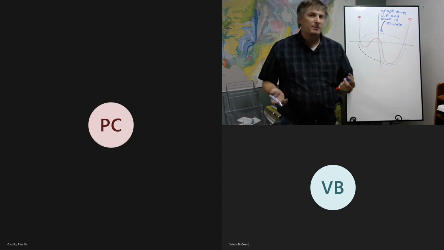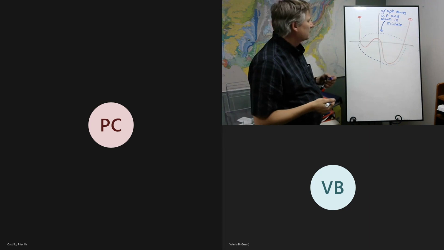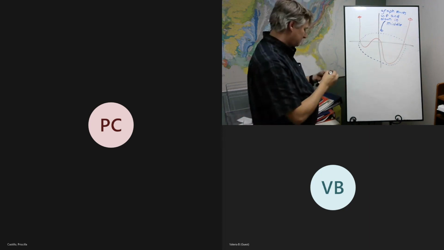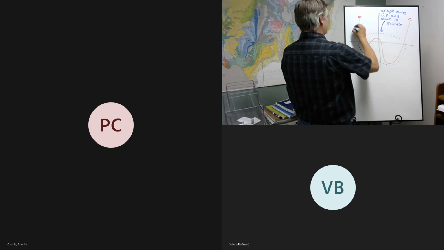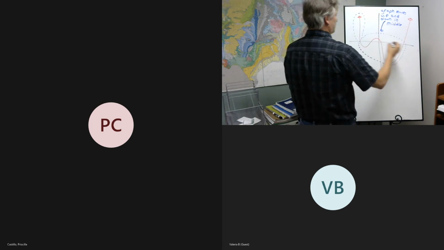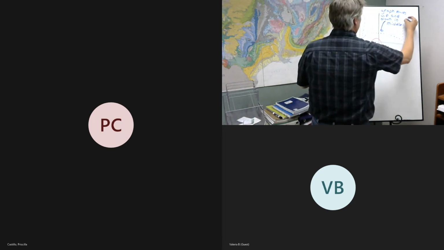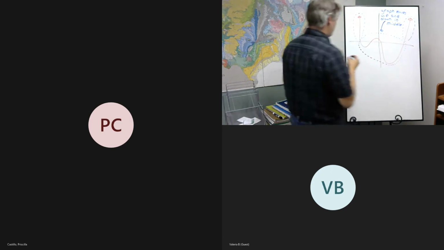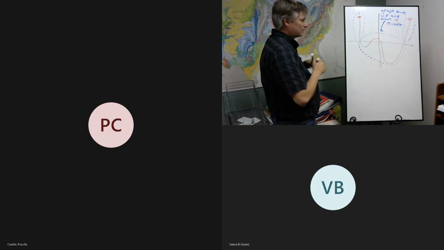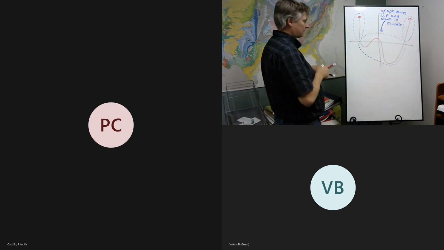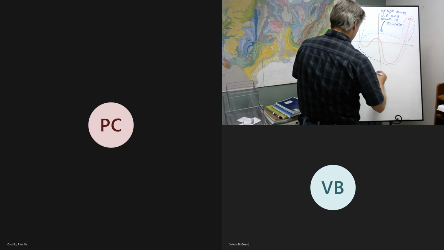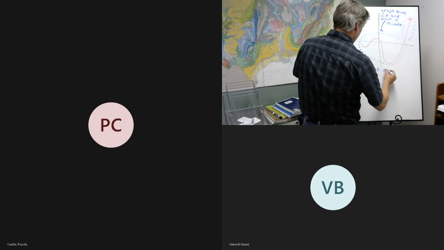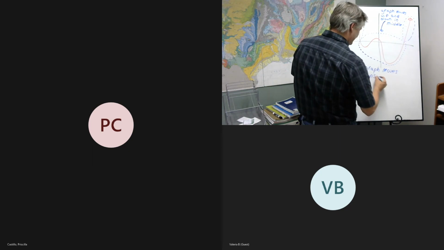So the graph is moving up and down in the middle. But on the ends, it's going to be consistent.